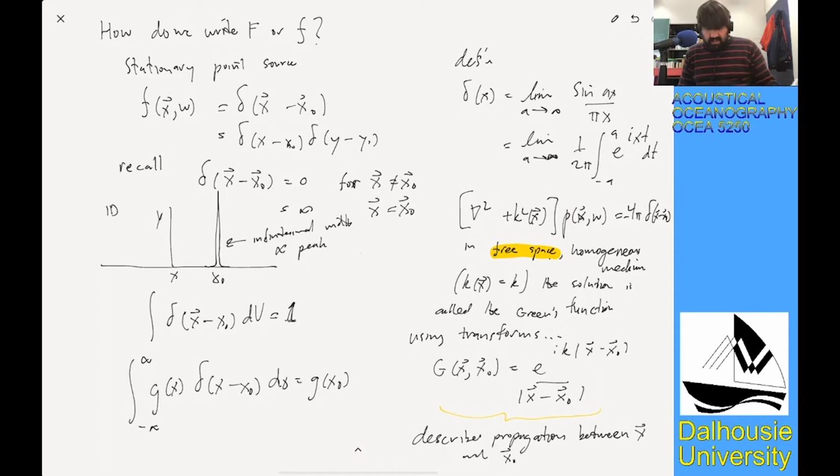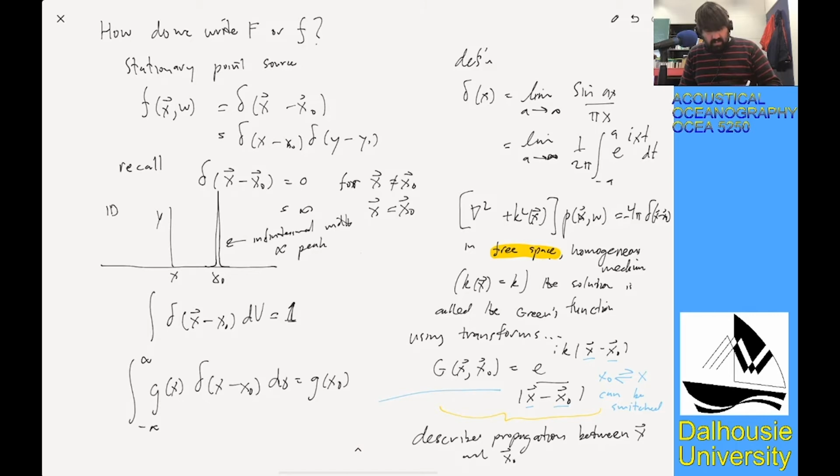And there's something very interesting to notice here. Notice that you can switch the position of x and x naught, okay? Without changing the solution at all. And this is a concept known as reciprocity, okay?